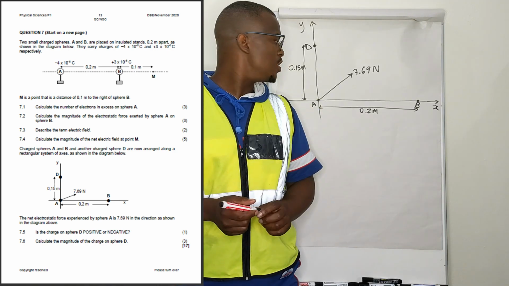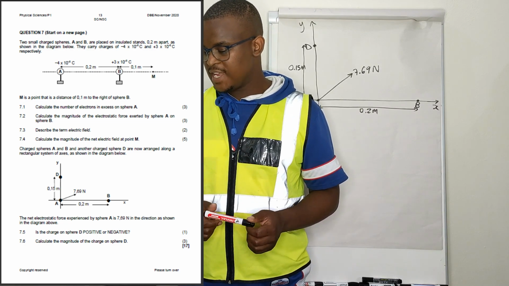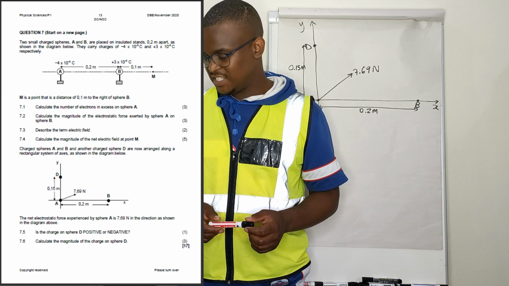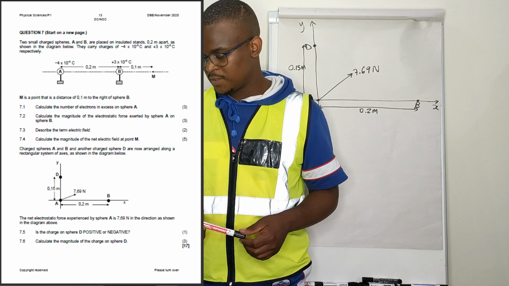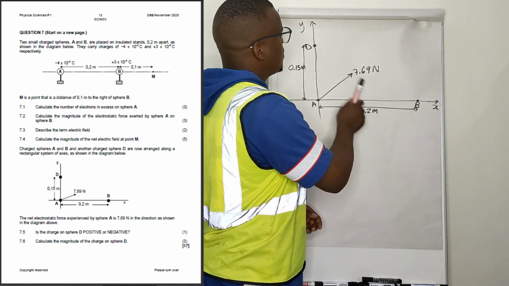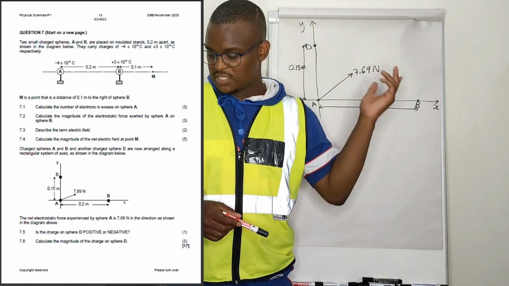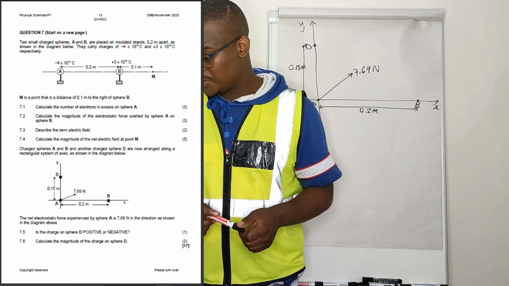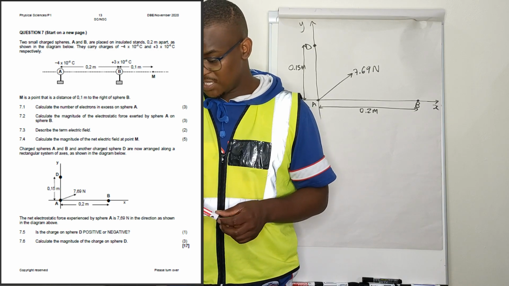So we had A and B, and now D is placed over there on this rectangular system of axes.